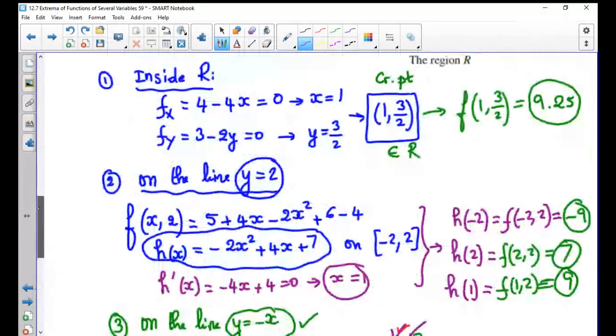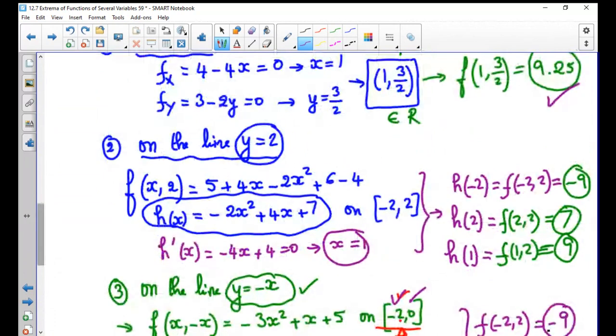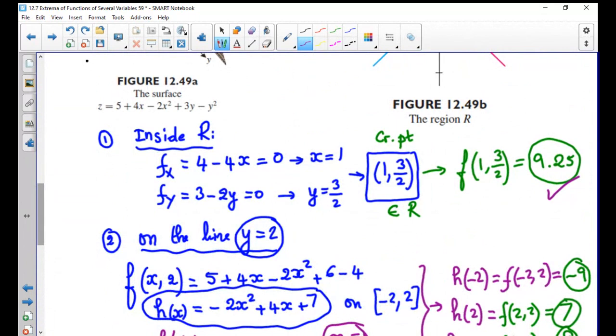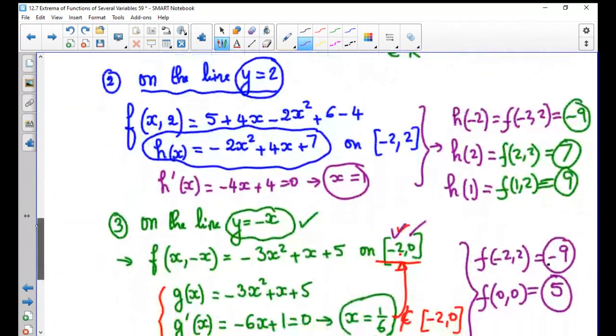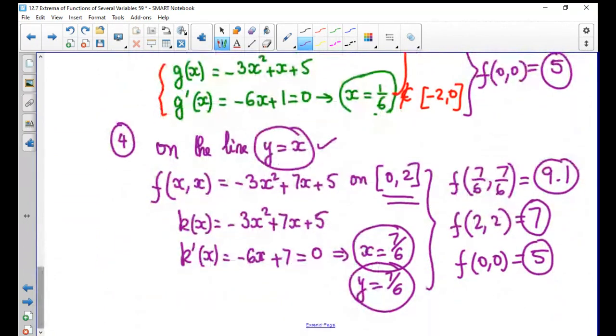Not exactly, the largest is this one, yeah? 9.25, yes. So that would be the absolute maximum of the function in the region. And what is the smallest? If you look carefully, minus 9.